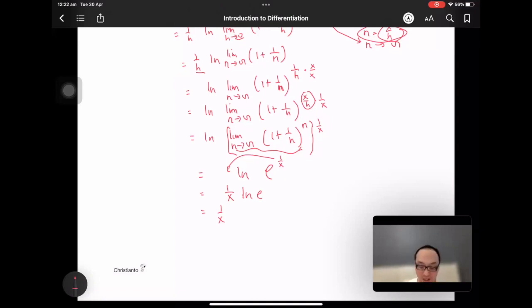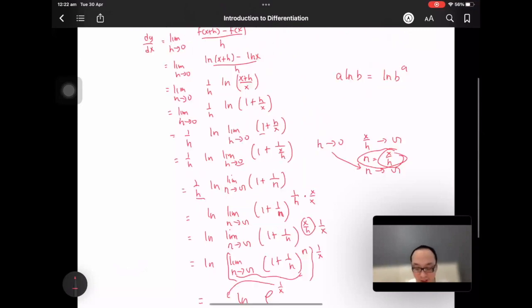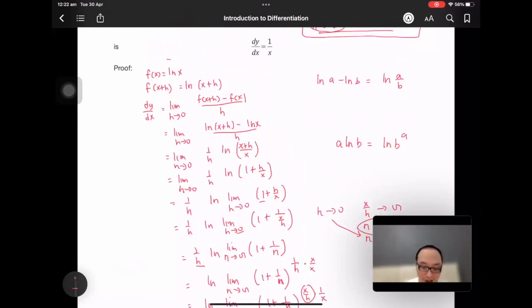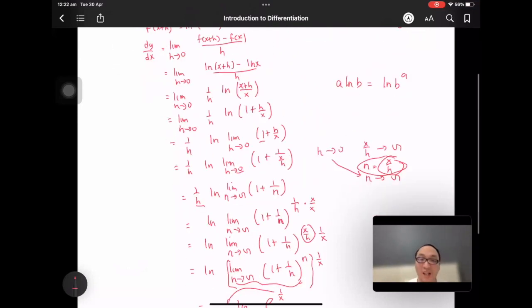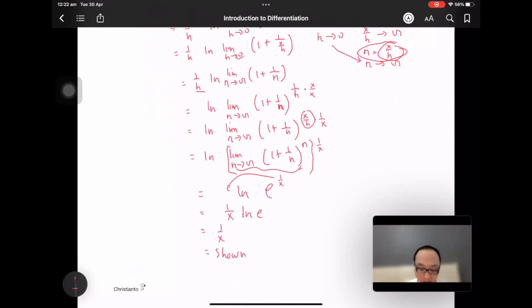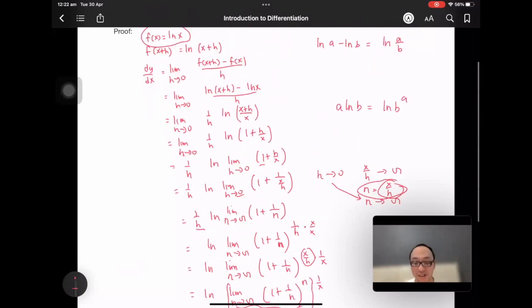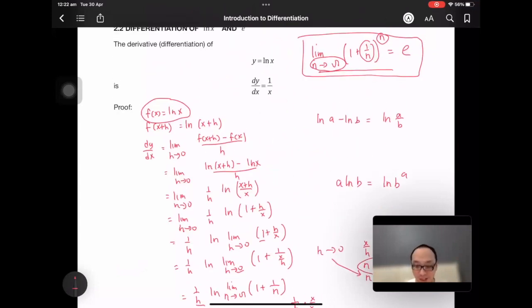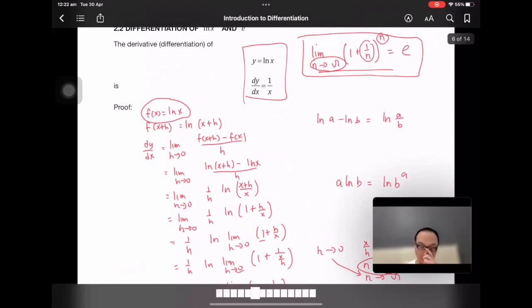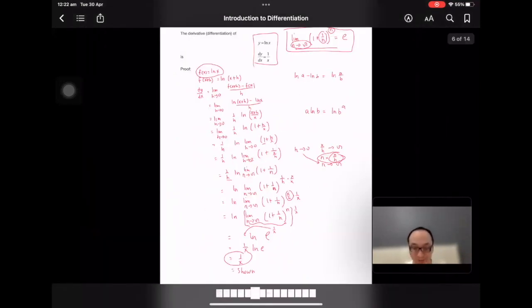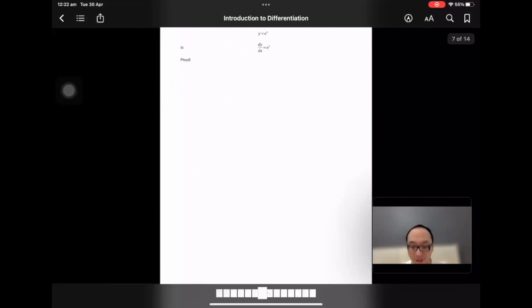So it's proven, shown, that when f(x) is ln x, the derivative dy/dx is equal to 1 over x. So this is the proof, but we can just use this rule later on.